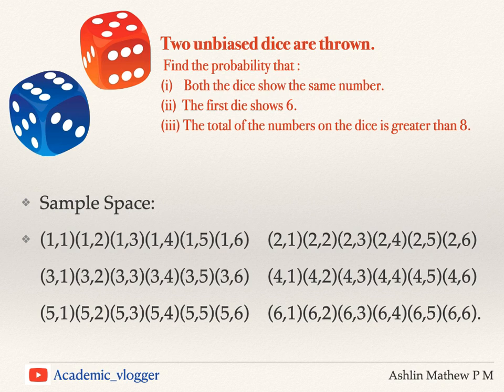It could be a 5-3, a 6-1, a 6-6, or a 1-1, and it could be any of these 36 possible cases. So if we are throwing 2 dice, the number of possible outcomes is 36. Now we are going to find the probabilities.